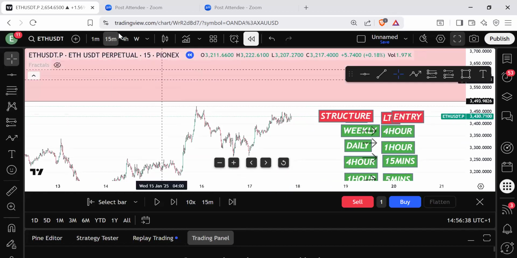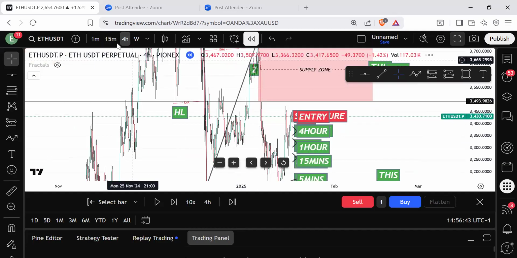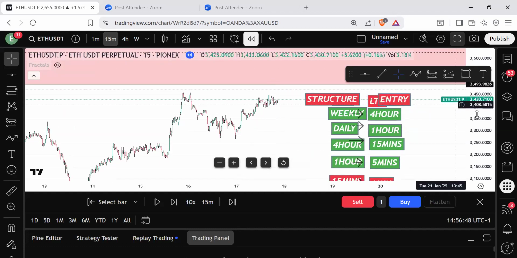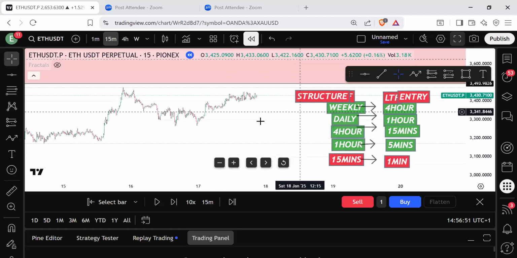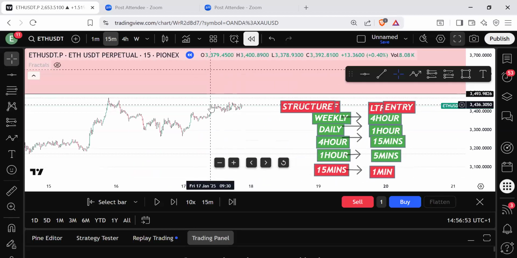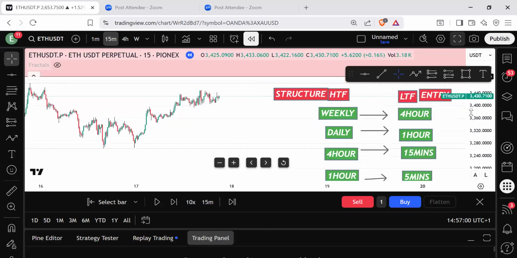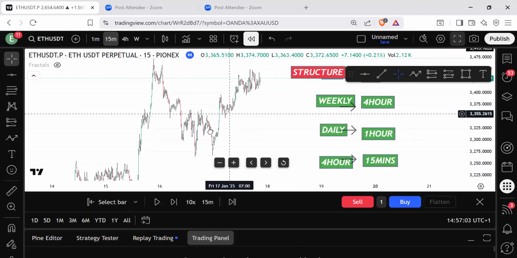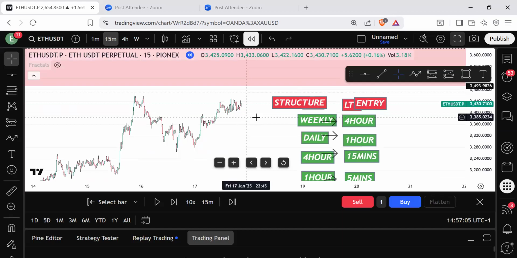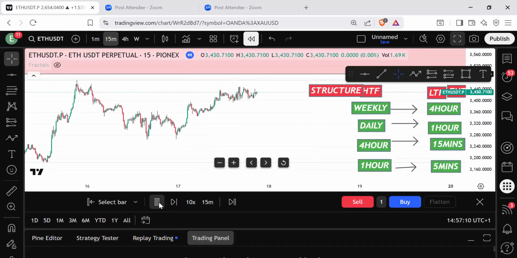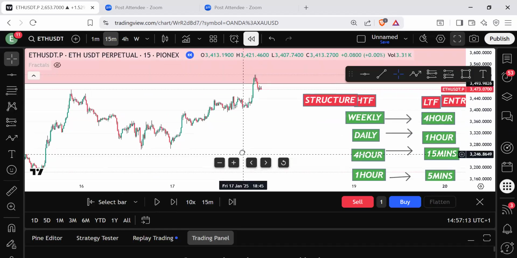So we found this zone on the 4 hour frame to entry. For the change of character we talked about, the one with the point of interest, let's see what happens. Price is coming towards the point of interest. You can see the impulsive move.